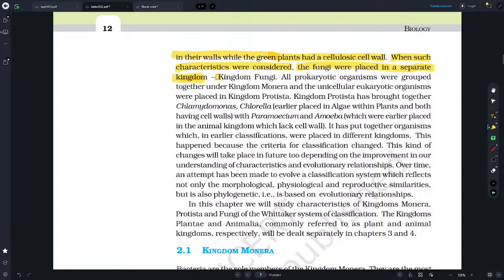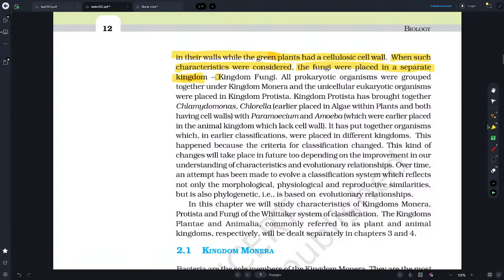Fungi are filamentous, like thread-like structures. Their bodies consist of long, slender, thread-like structures called hyphae. The network of hyphae is known as mycelium.